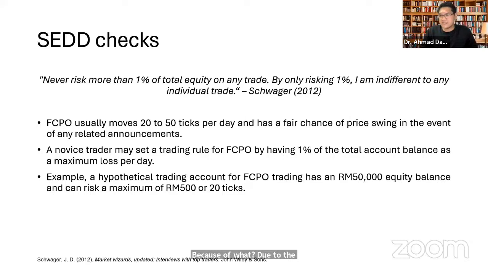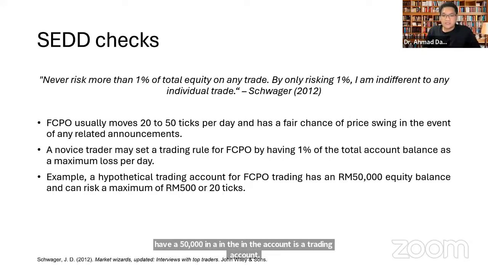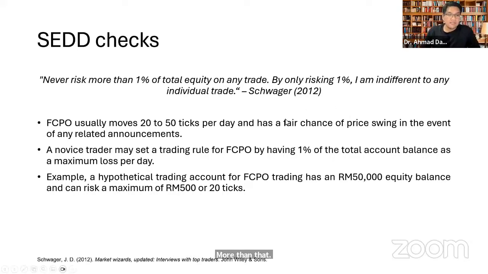So if you are a novice trader, I advise you to set aside not more than 1%. Now I have an example here. If you have 50,000 in that trading account, the most you can risk is 500. More than that is not advisable.